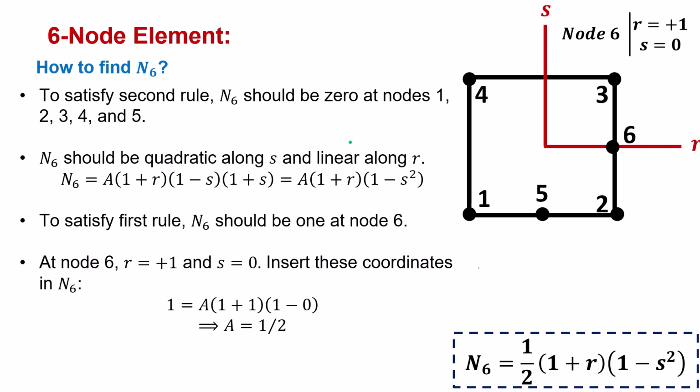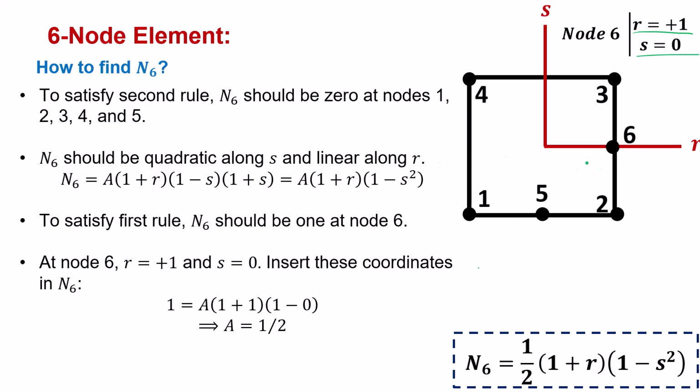First, remember the two rules. It must be 0 at all the other nodes, and it must be 1 at its own node. Node 6 is located at r equal to 1 and s equal to 0. So to satisfy the second rule, n6 has to vanish at nodes 1, 2, 3, 4, and 5. To make that happen, we choose factors that automatically go to 0 at those nodes.